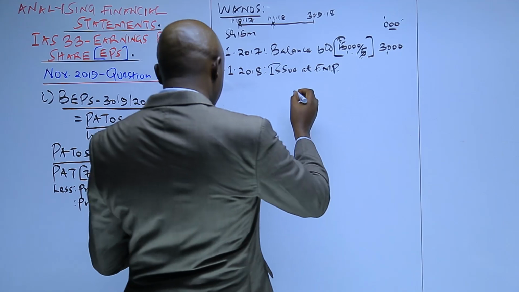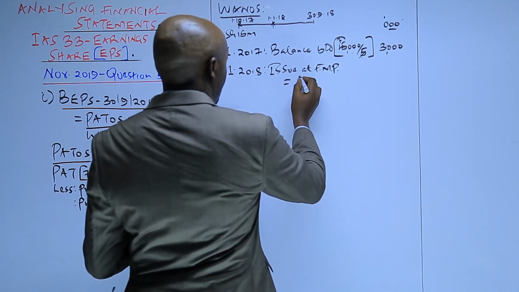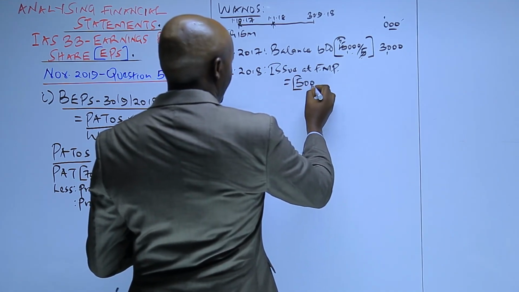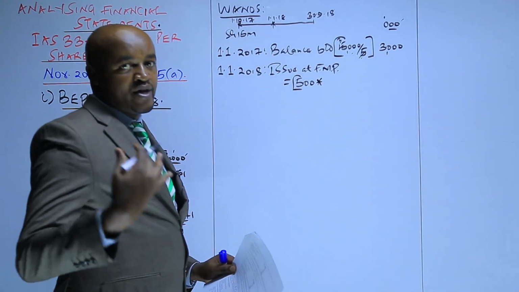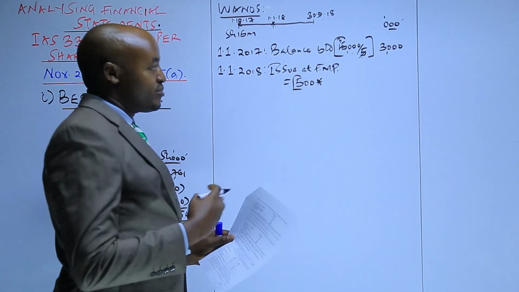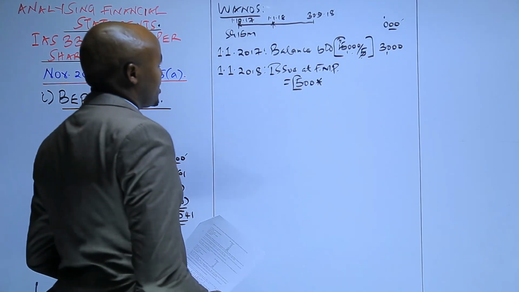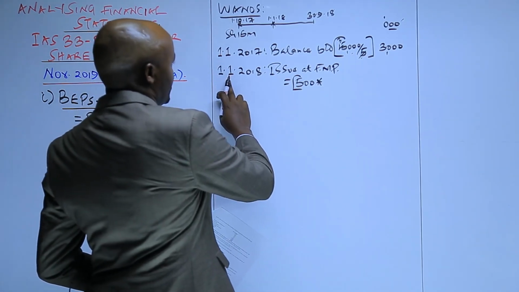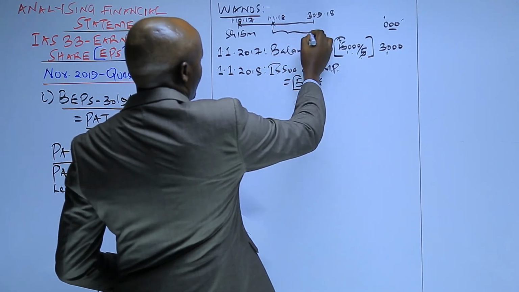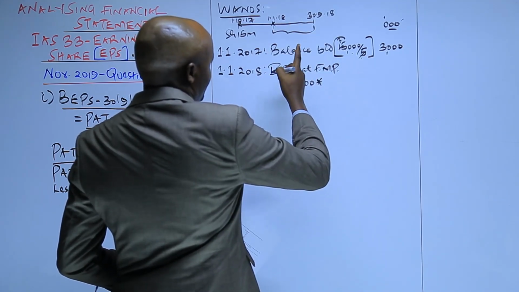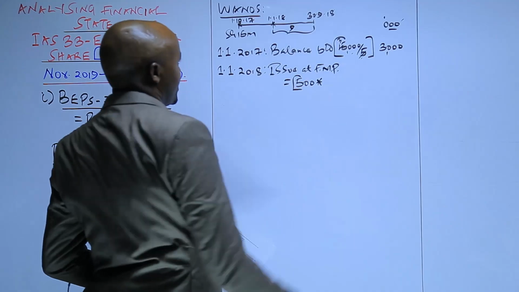Now, these shares which are issued at full market price, in terms of how we treat them, for the purpose of computing the basic earnings per share, we weigh them on a time basis. We multiply them with the proportion of time they were held during that year. These shares were held from 1st January 2018 to 30th September, so here we have 9 months.